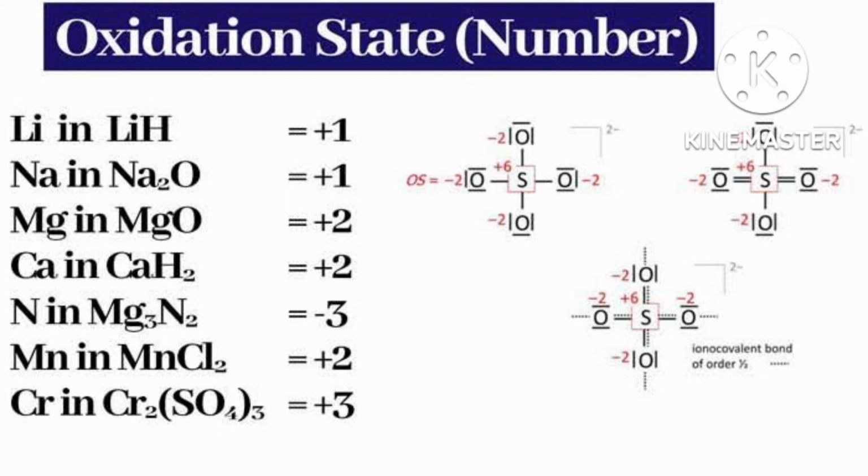Each sodium will give 1 electron, and oxygen will take those 2 electrons, and thus shows oxidation state -2. Oxygen will show -2, but each sodium will show +1 oxidation state. This is very clear.